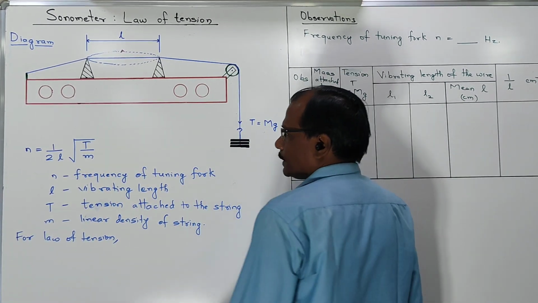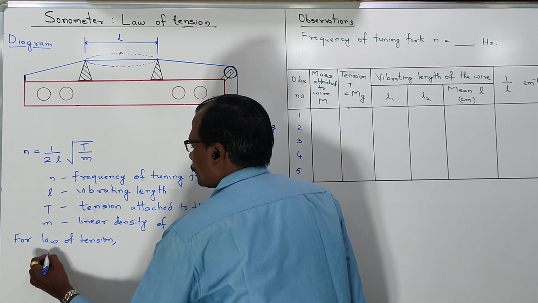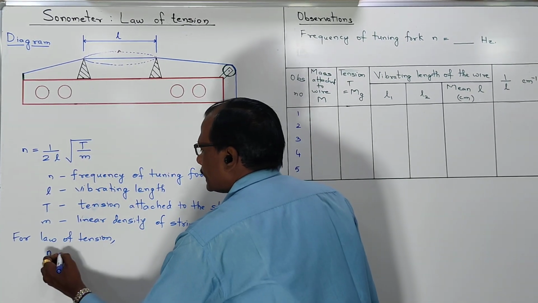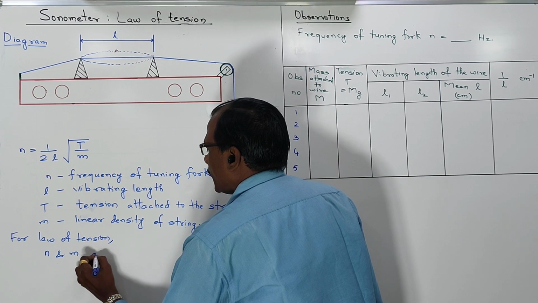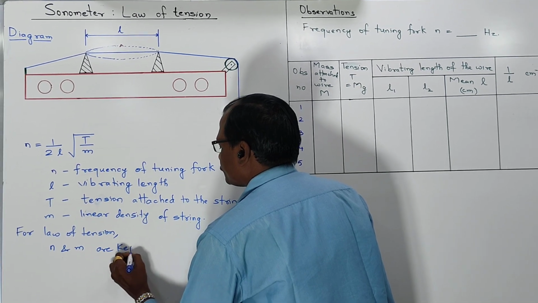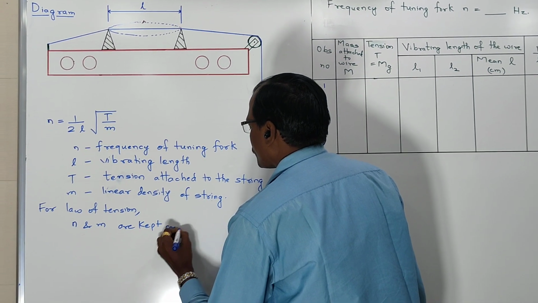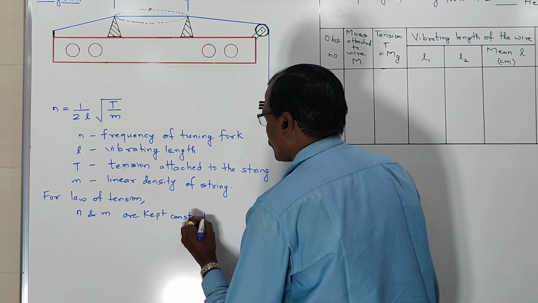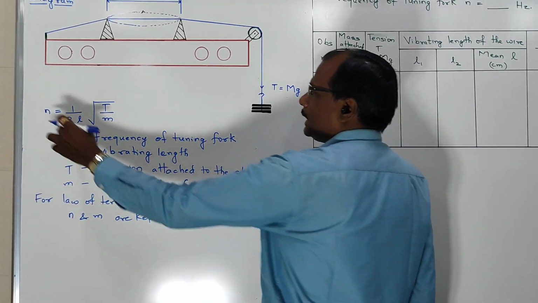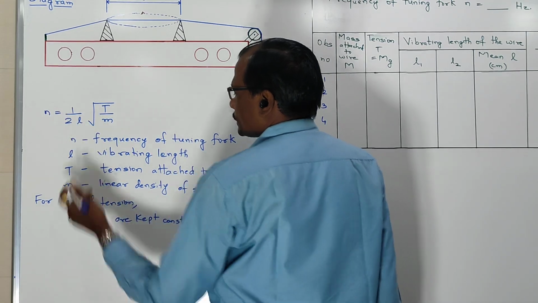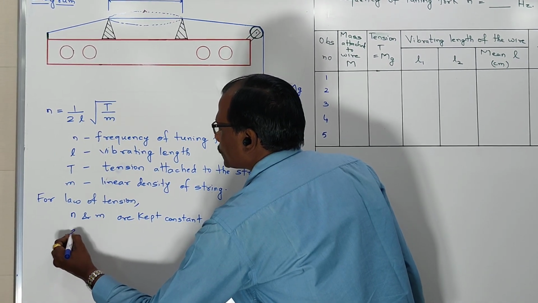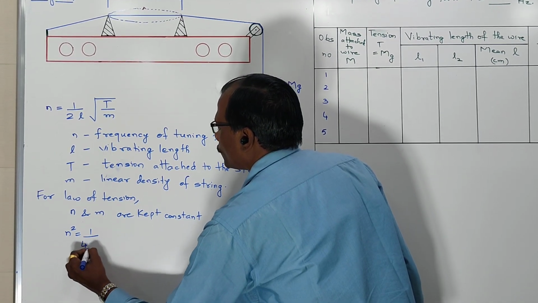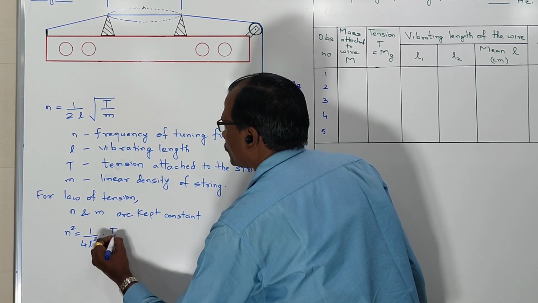the frequency of the tuning fork n and the linear density m are kept constant. Now if n and m are constant, what will happen? This expression becomes n square is equal to 1 upon 4 l square into T by m.